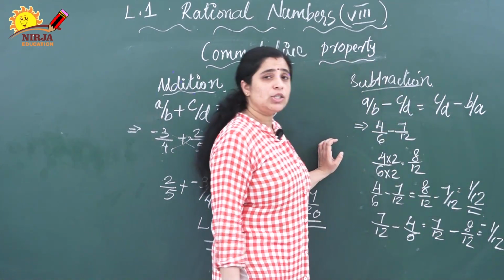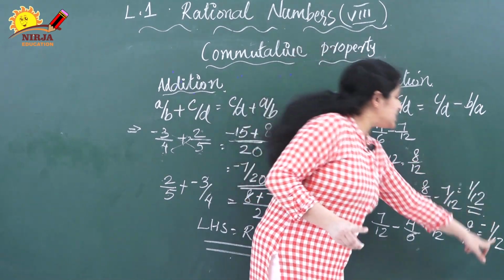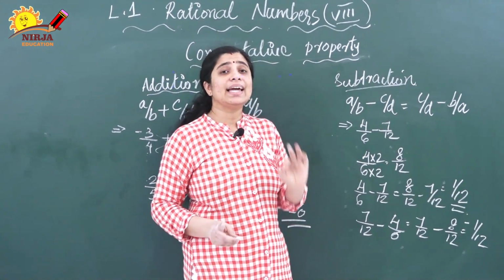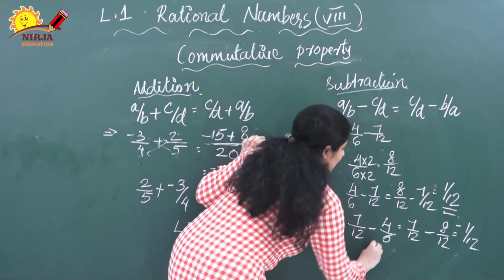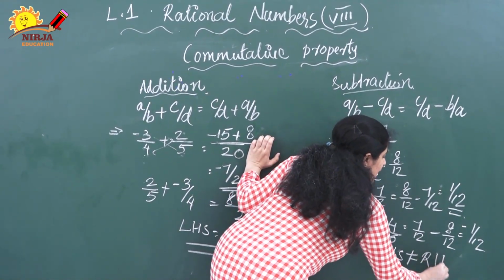Minus 1/12. So in the first case you are getting positive 1/12 and in the second case you are getting negative 1/12. So LHS is not equal to RHS.